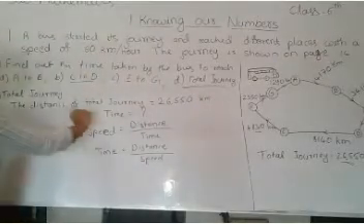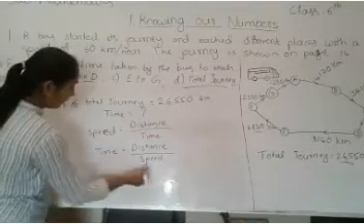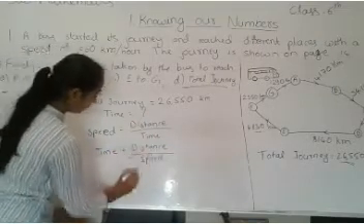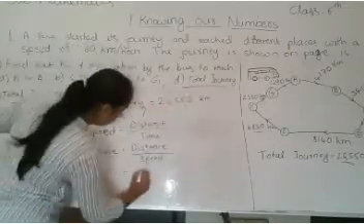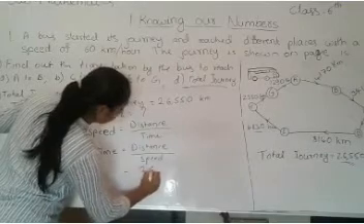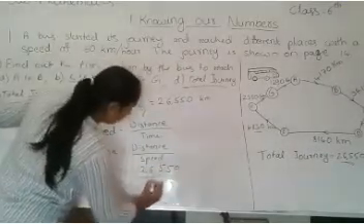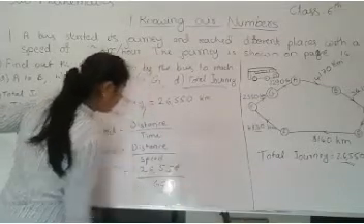Then we have to find out the time. Speed equals distance by time, and we have to find out the time value. That's why time equals distance by speed. The total journey, how much kilometer? 26,550 divided by speed, 60 kilometer per hour. 0 0 cancel.